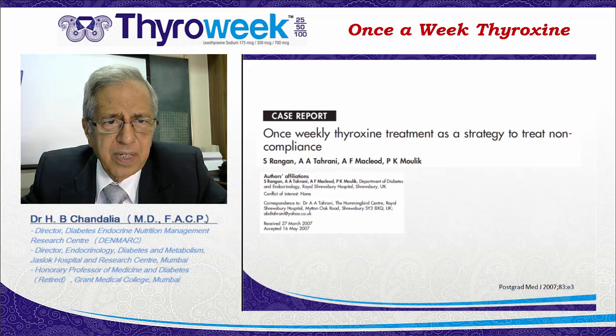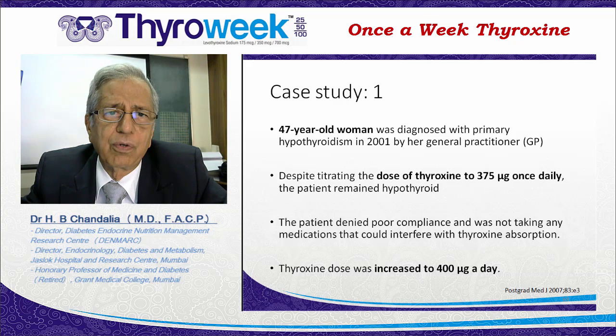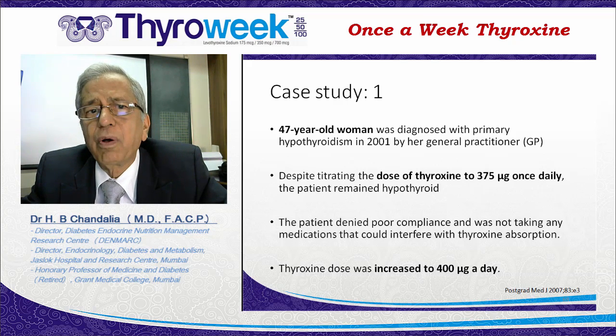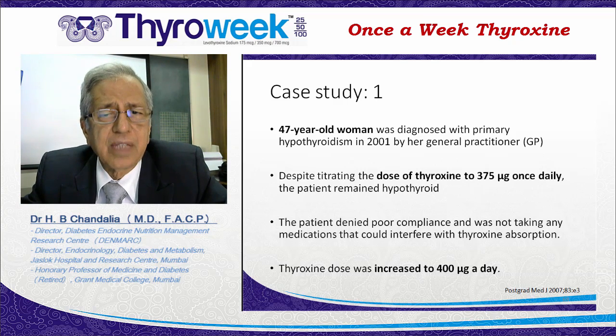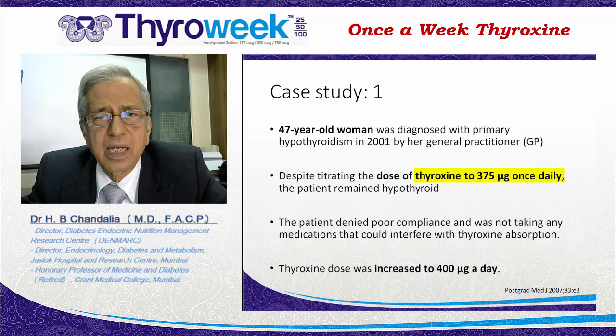So a lot of papers have come supporting this particular scientific fact, and once-weekly thyroxine treatment is considered a good strategy for non-compliance, in order to introduce compliance. For example, in this case study, you will see that because the TSH did not normalize, one escalated the thyroxine dose to 375 microgram once a day, which you know is a really excessive dose.